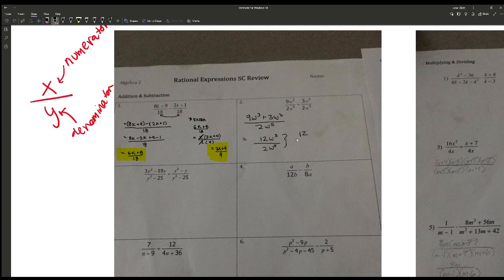We have 12 over 2, and we have w cubed over w to the 5. So 12 divided by 2 is pretty simple. You're going to have 6. Since the numerator is smaller than the denominator, 3 is less than 5, we are still going to keep it as a fraction.